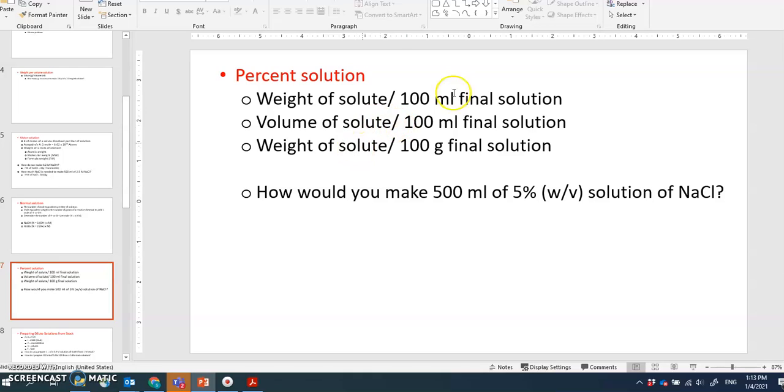But whatever that is, it's always in 100 of total. So example is, how would you make 500 ml of 5% solution? 5% is what? 5 over 100. So change that to 5 over 100 and you multiply that to 500. Then you can figure out how much you need.